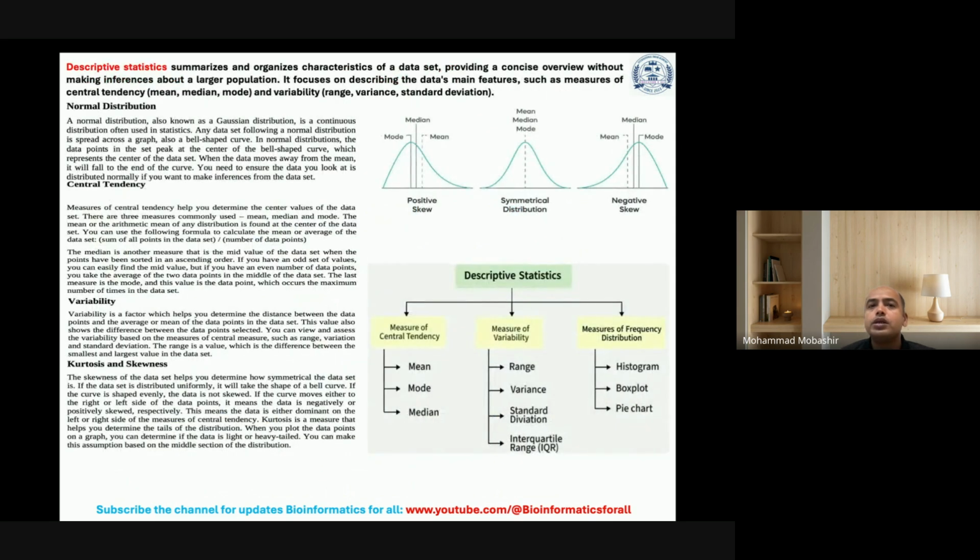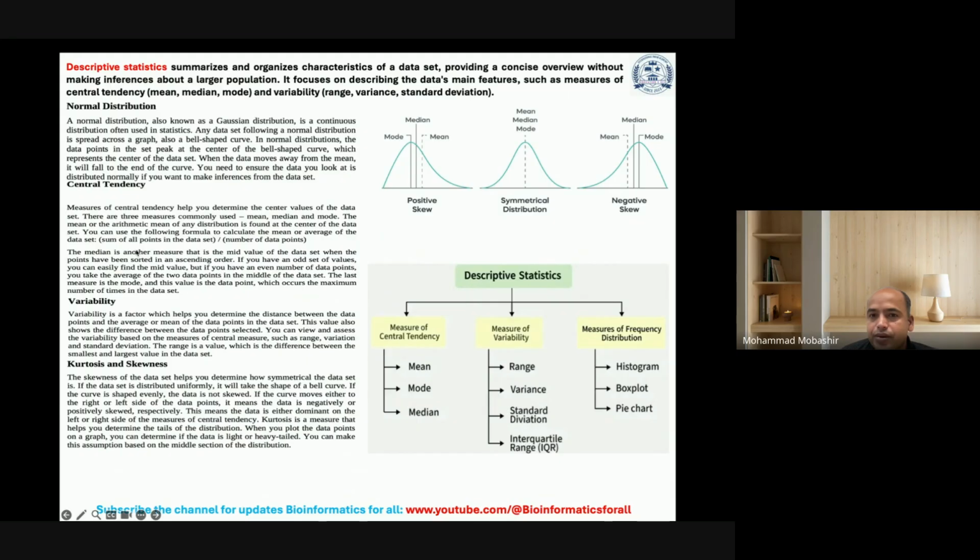Now you can see more details of how it could look if we are talking about descriptive: mean, median, mode. Then it is like positive skew, negative skew, symmetrical distribution, where exactly in the middle the mean, median and mode are present.